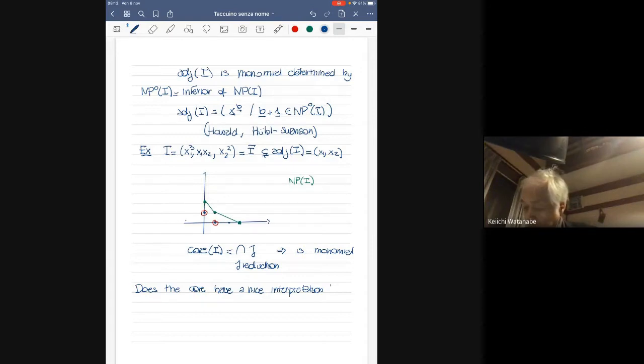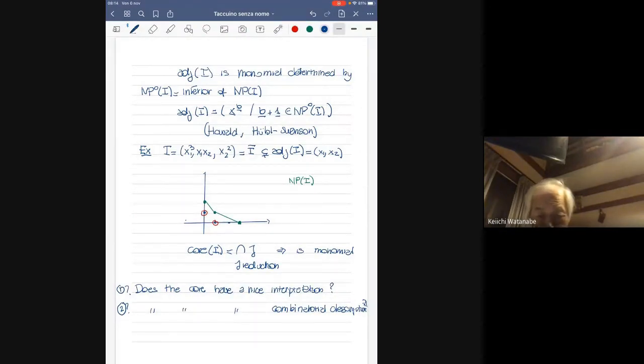We could even ask if the core has a nice combinatorial description in terms of the Newton polyhedron. And the second question actually has a negative answer, because we know, and we talked about last time, that the core in general is not integrally closed. Even if you start from an integrally closed ideal, the core is generally not integrally closed.